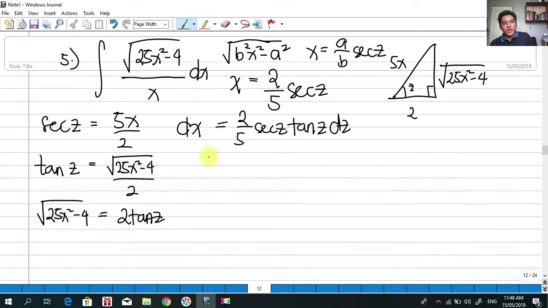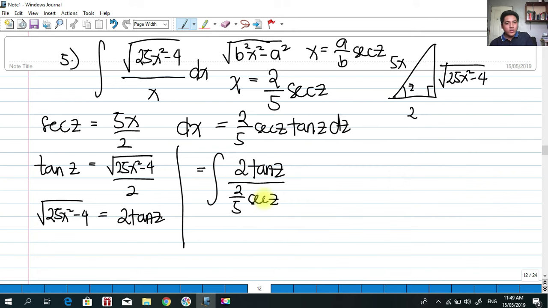And therefore, we can now solve our integral. So that integral is equal to the square root of 25x squared minus 4, which is simply equal to 2 tangent z, over x, which is here 2/5 of secant z, multiplied by dx.